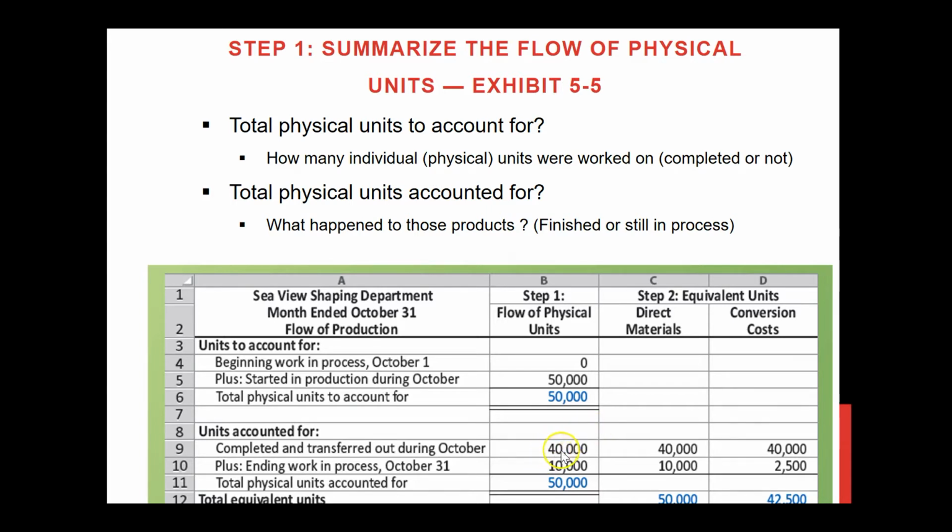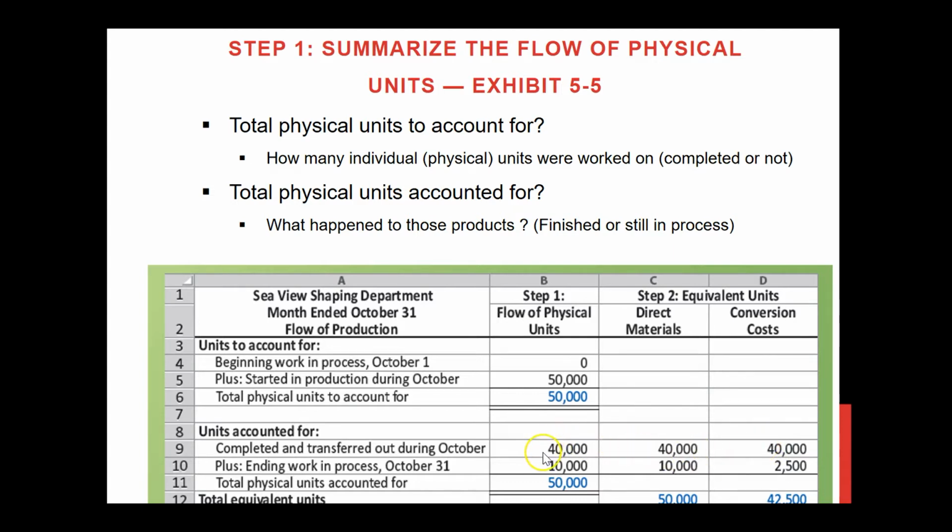For these 40,000 glasses or units, those are completed. For those 40,000 units, we spend all the direct materials and all the conversion costs, which means the direct labor and manufacturing overhead costs are also incurred.